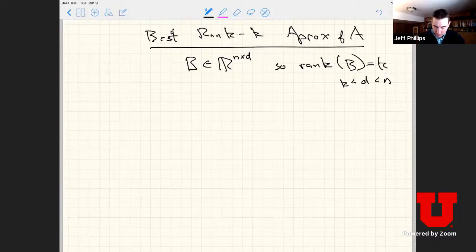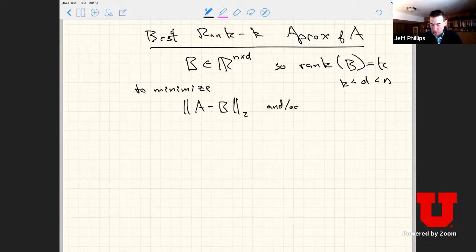But so to minimize, since they're the same dimensions now, I can subtract them, either the spectral norm or, actually, both of these are going to be true at the same time, of A minus B, the Frobenius norm.